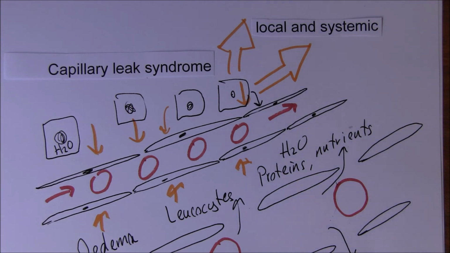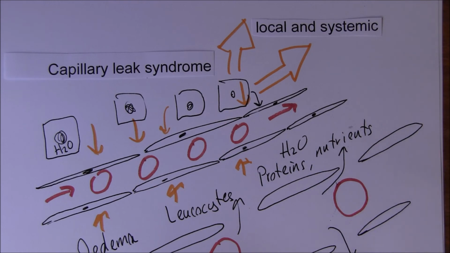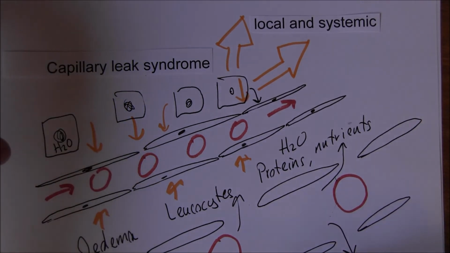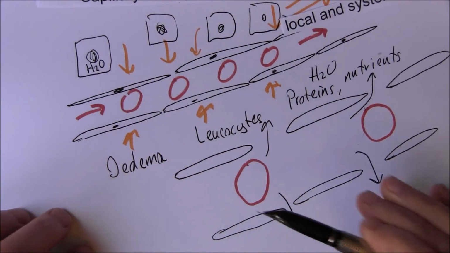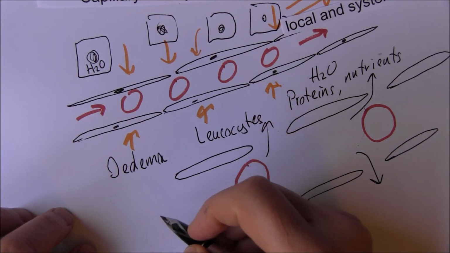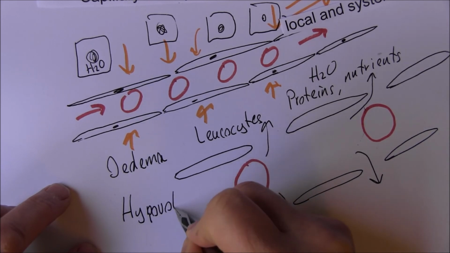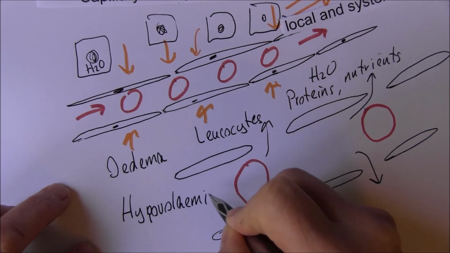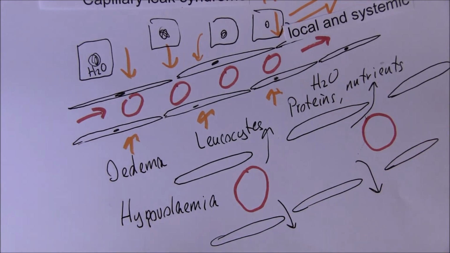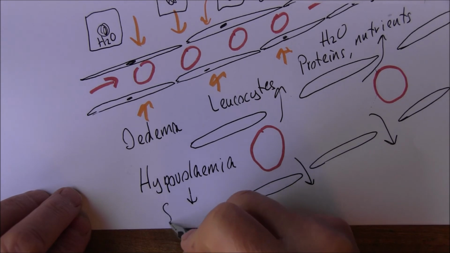And if there's lots of fluid going from the intravascular compartment into the interstitial compartment, there's going to be less fluid left in the intravascular compartment. And of course, if there's less blood in the intravascular compartment, the fluid volumes are low. That's going to lead to hypovolemia. And hypovolemia, of course, is going to cause shock.